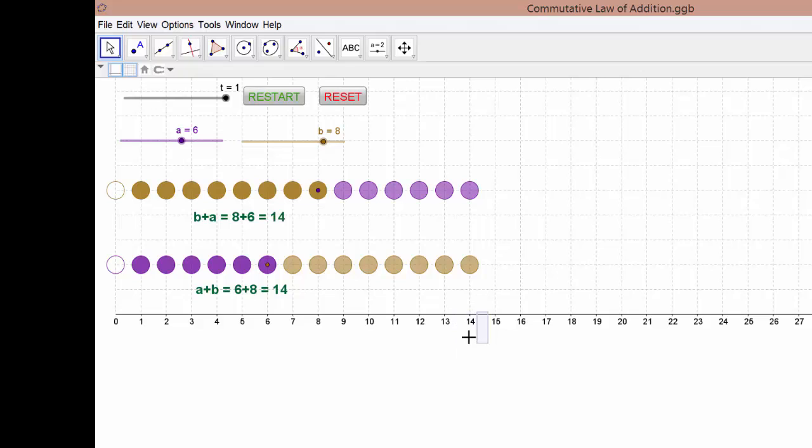It doesn't matter whether I add my purple gumballs first, which is A, and then my orange gumballs, which is B, 6 plus 8 is 14, or if I add my orange gumballs first, 8, plus my purple gumballs, 6, that also gives us 14, as we can see from the number line. So it isn't going to matter which ones we add first, we're still going to have the same amount of gumballs.